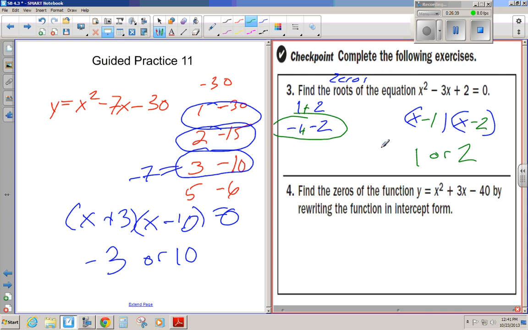Find the zeros now. Remember, it's the same exact process, just said a different way. I'm going to set up my parentheses. I'm going to say the factors of negative 40 are negative 1 and 40, negative 2 and 20, negative 4 and 10, negative 5 and 8.